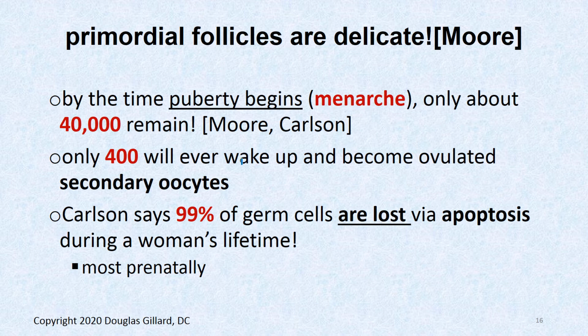But only 400 of them will ever wake up to play the great race game to see if they can create a secondary oocyte that has a chance to become fertilized. Carlson says 99% of germ cells are lost via apoptosis during a woman's lifetime. Most of this occurs prenatally.